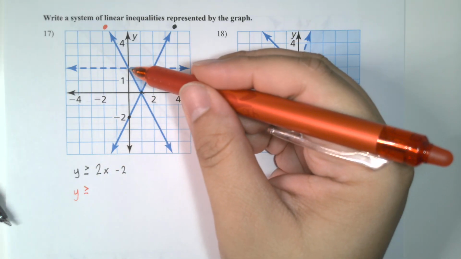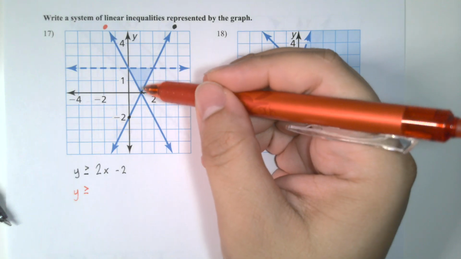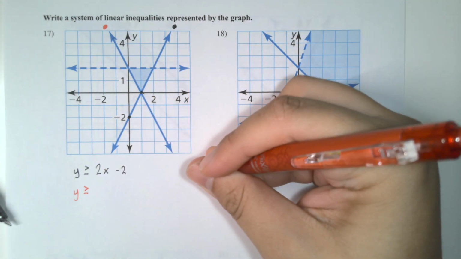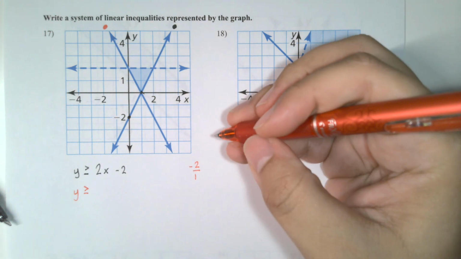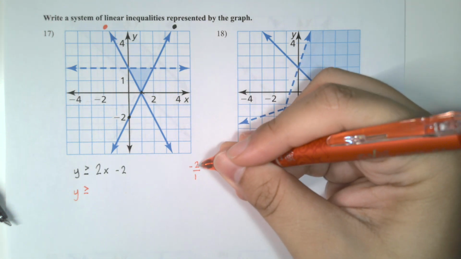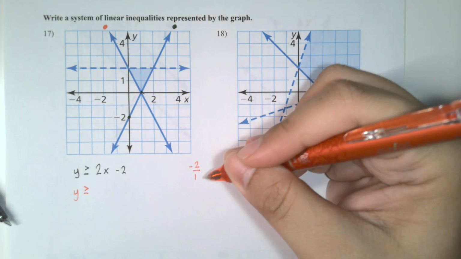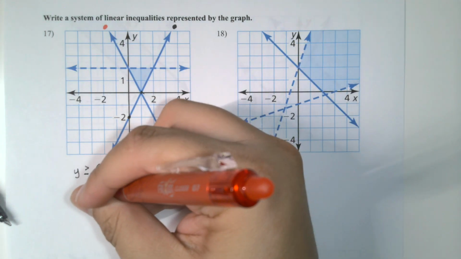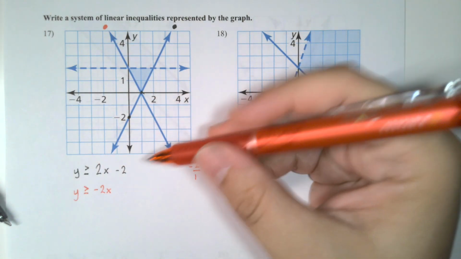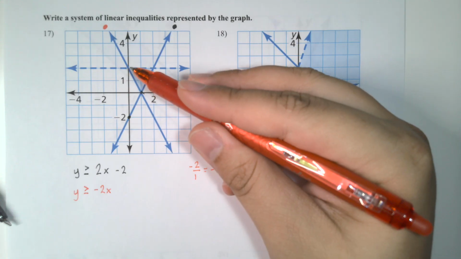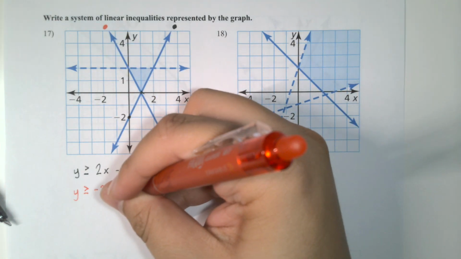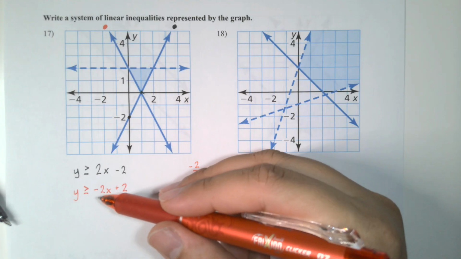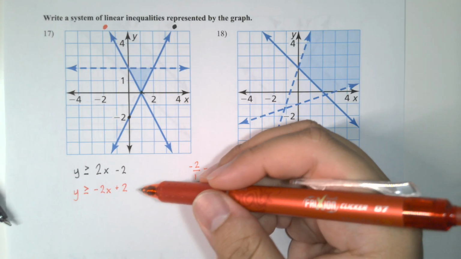The slope here is right 1 but down 2. So right 1 down 2. So the rise is down 2, but we're going right 1. So the slope is just going to be -2. We have x, and then the y-intercept is +2. So we have y greater than or equal to -2x plus 2.